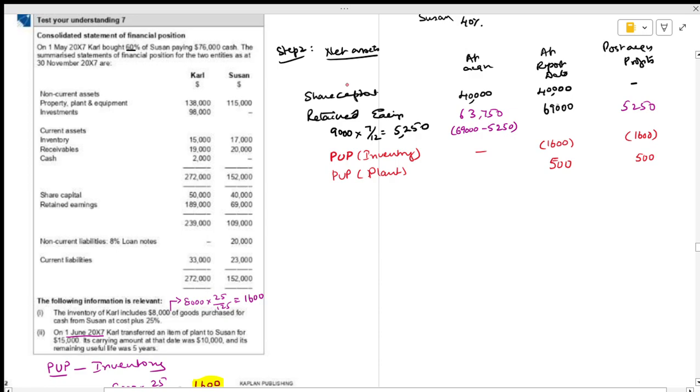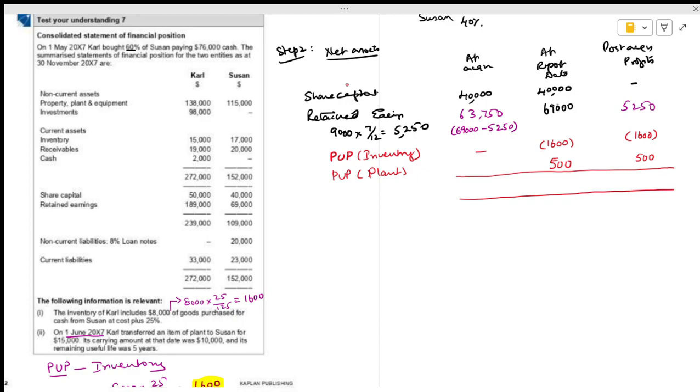Okay, share capital, retained earnings, unrealized inventory profits, plant unrealized profits. How much is there? 40 plus 63,750 is 103,750.